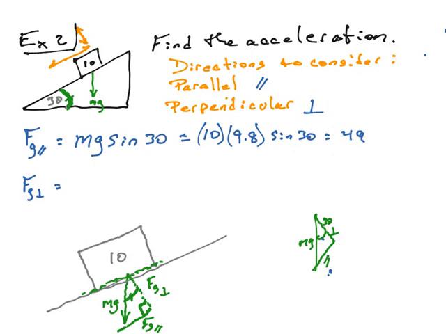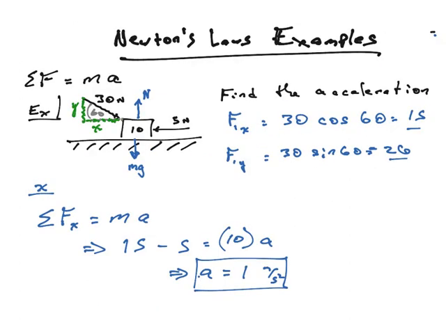One last step before I move on is directionality, positive versus negative. Is the amount of gravity which points in a parallel direction negative or positive? It's the same as asking in my first example here, where I found F1x and F1y. F1x is the amount of my 30 Newton force which points in the x direction.